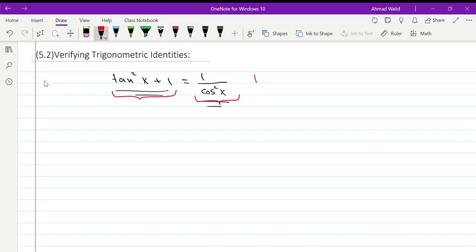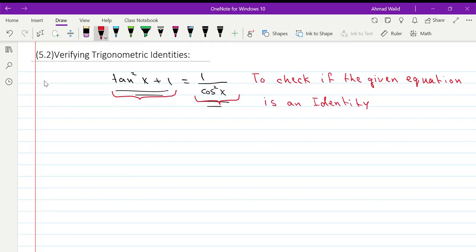To check if the given equation is an identity.